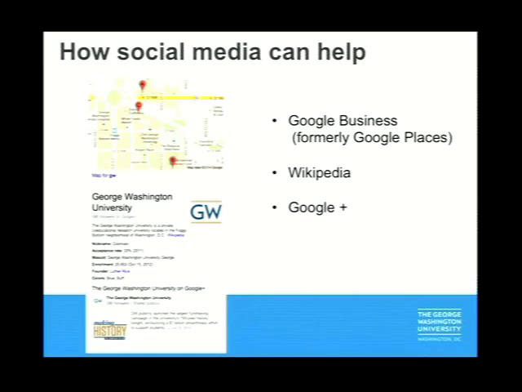So really knowing what's in Google Places, Google Business, helps you. If you notice that there are errors, there is a link that says give feedback, and you can click on that and contact Google. I wish I could say it was really easy to get it changed, but it's not.